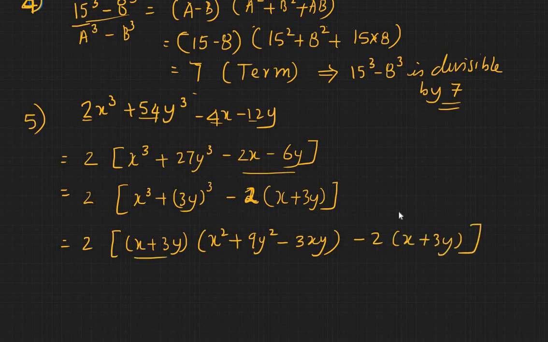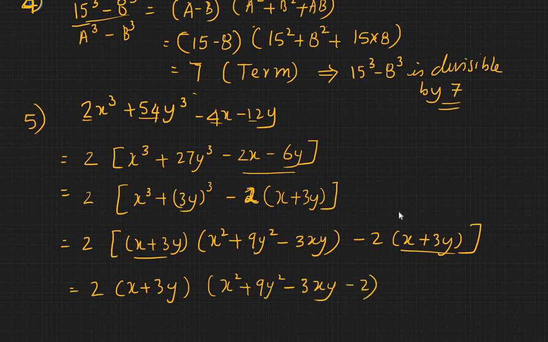You can take this x plus 3y common outside, and you would be left with 2 into x plus 3y into x squared plus 9y squared minus 3xy minus 2. So that would be your answer for this question.